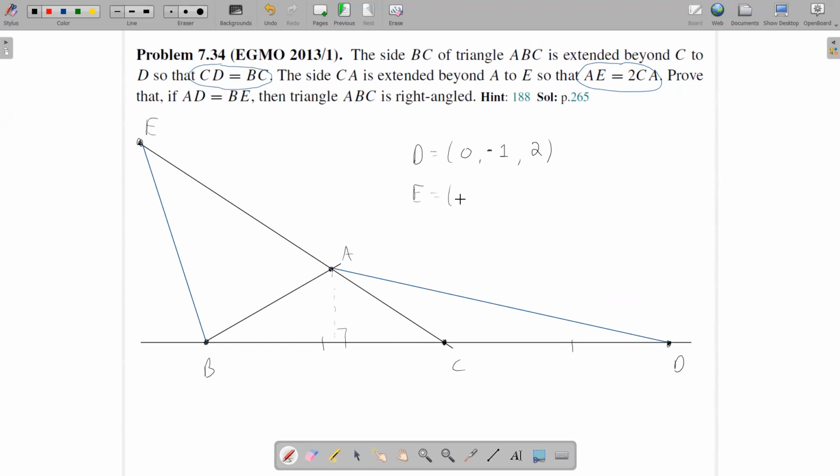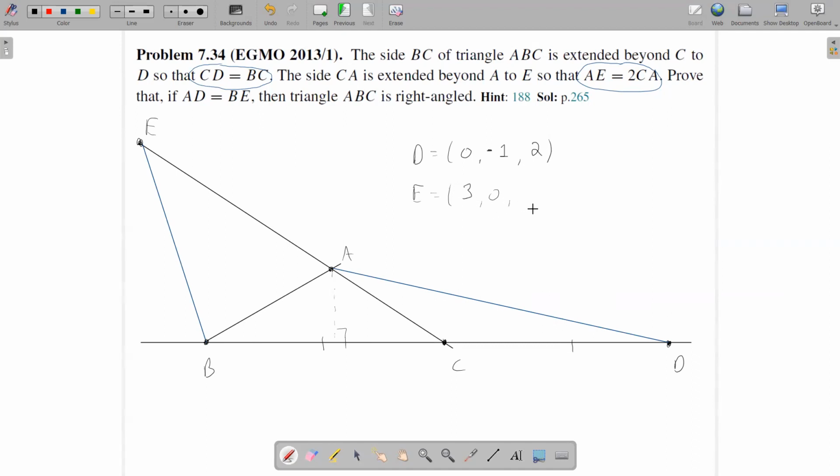All right, similarly, we can find point E. Since it's on side AC, we know the second coordinate will be 0. If you look at EBC, since EC is 3 times AC, the height will be 3 times the height of ABC.